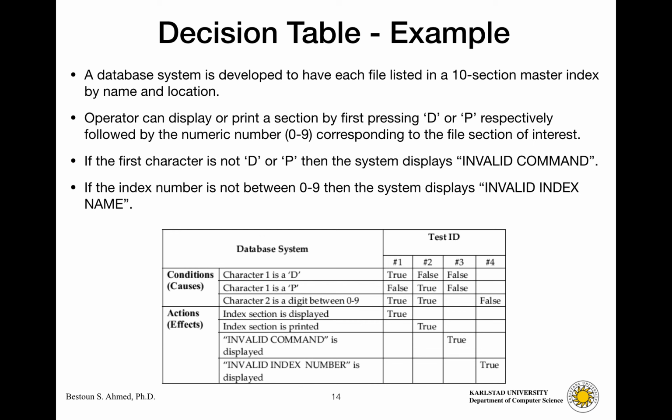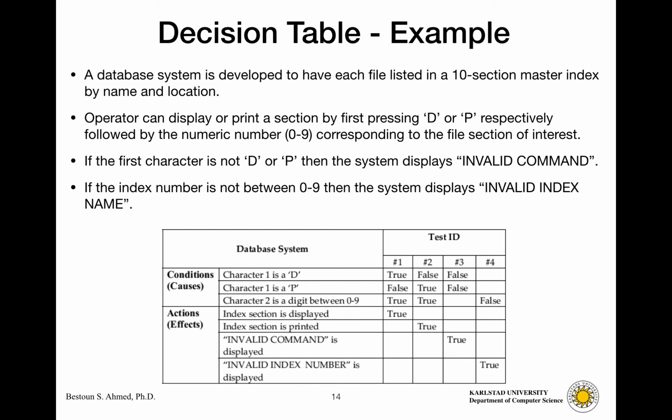Now you have 4 test cases, for example. If D is true and the value is between 0 and 9, then you go to the action or the effect, and it will display. So you have this test case now.